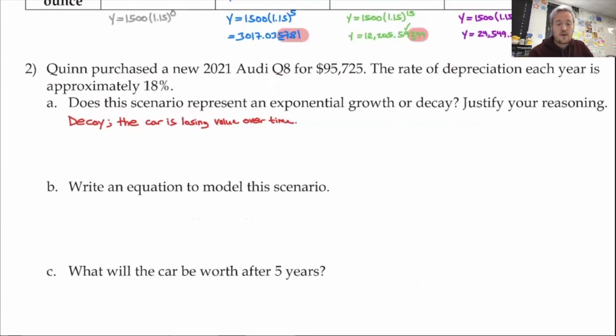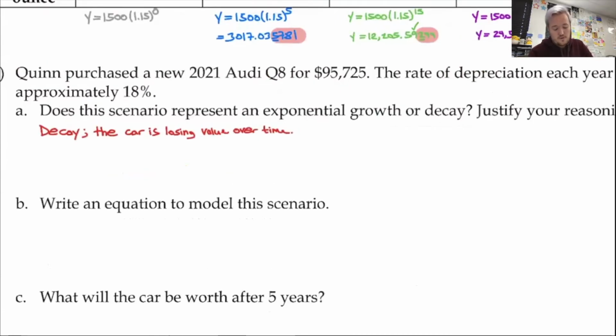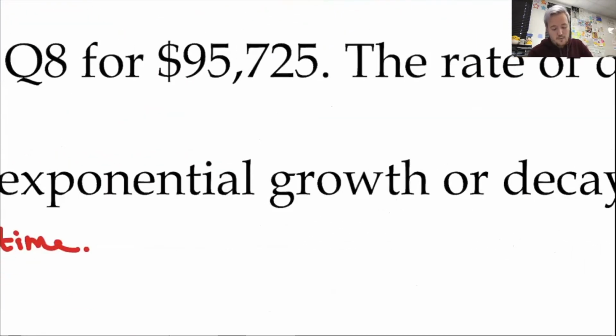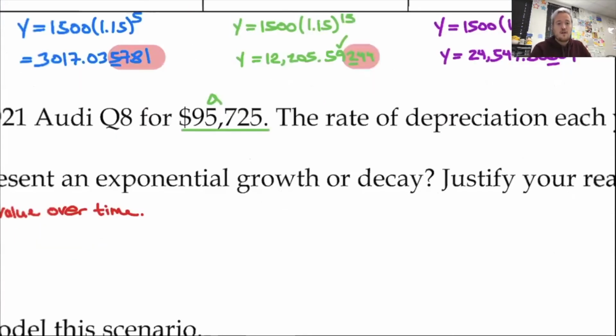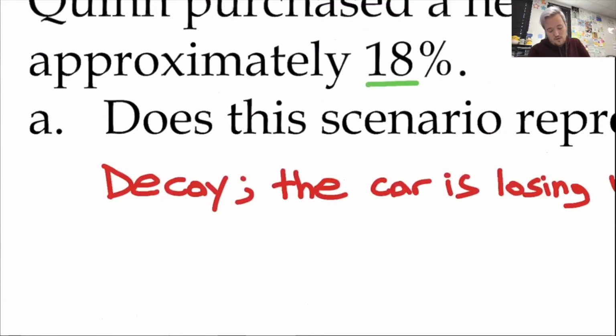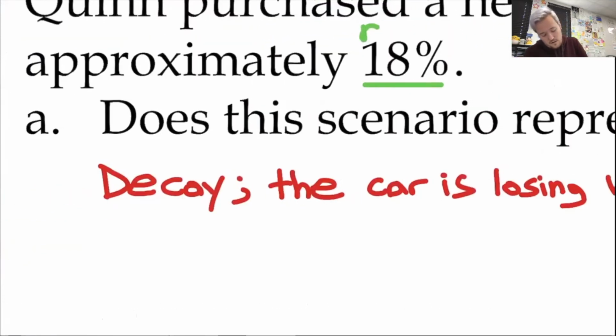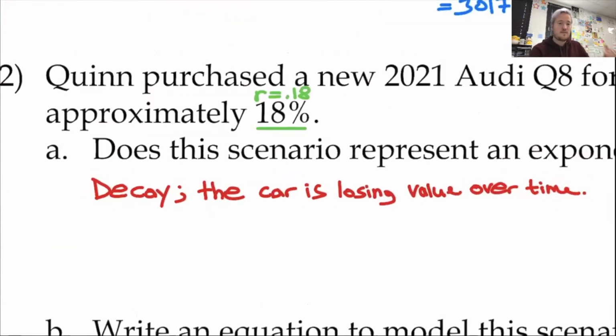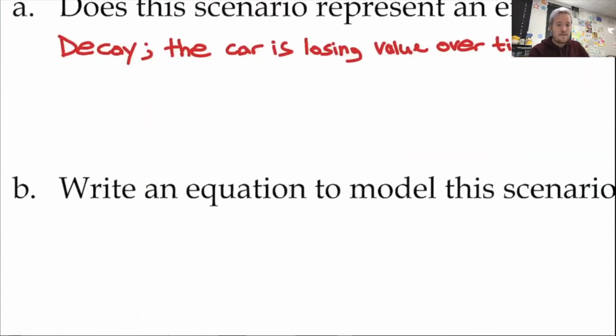All right, so now we want to write an equation to model the scenario. Your initial retail price here, the 95K or approximately 96, is going to be your A value. And then the rate of depreciation is 18%, which means your R value is 0.18. So I'm going to use this information to write my equation.